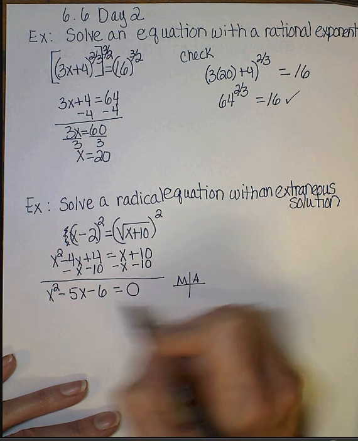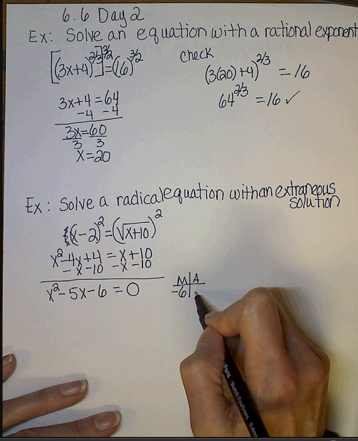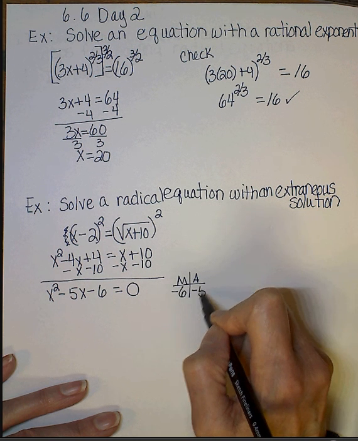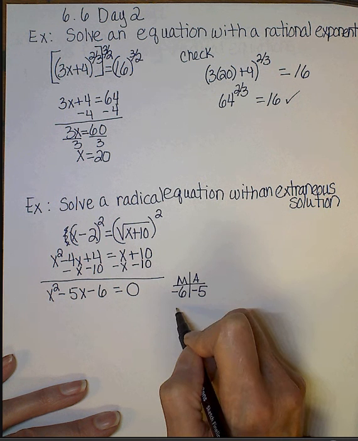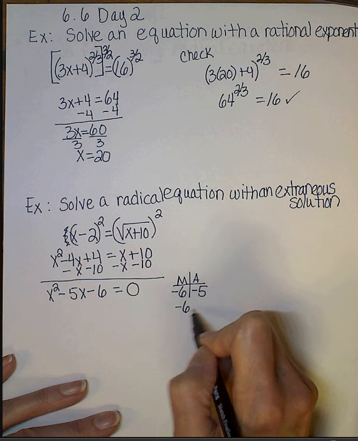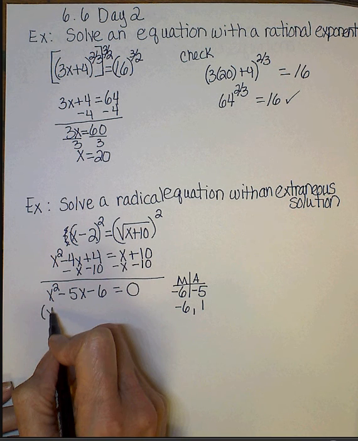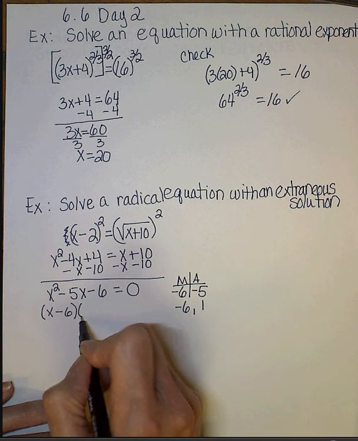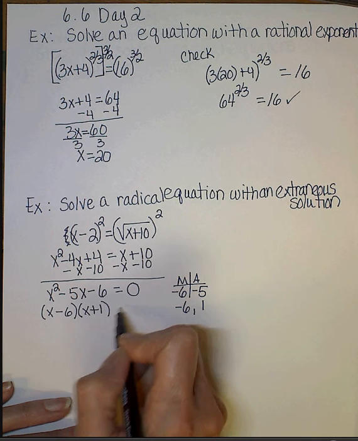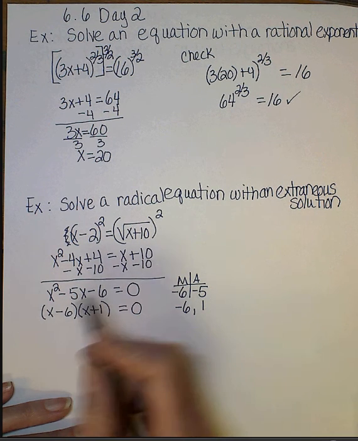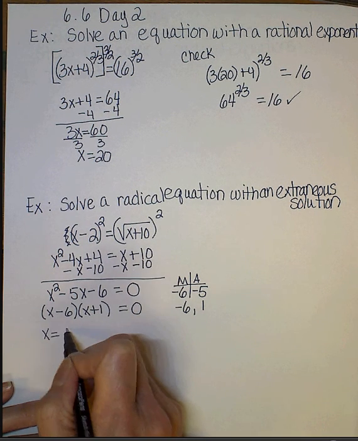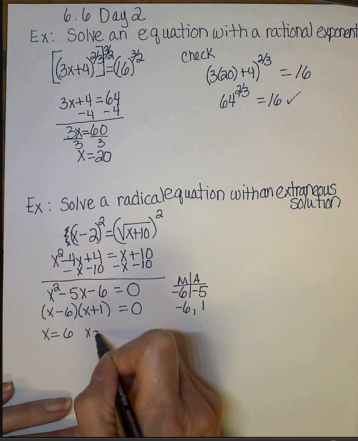So I need two numbers that multiply to be -6 and add to be -5. And that would be -6 and 1. Okay, so I know this would factor into x minus 6 and x plus 1. So I get two possible solutions, 6 and -1.